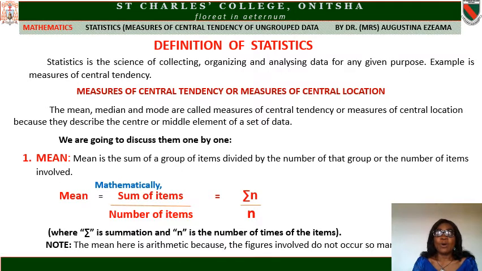That is, summation x over n. That sign is summation, and n is the number of items. Note, the mean here is the arithmetic mean because the figures involved do not occur so many times.